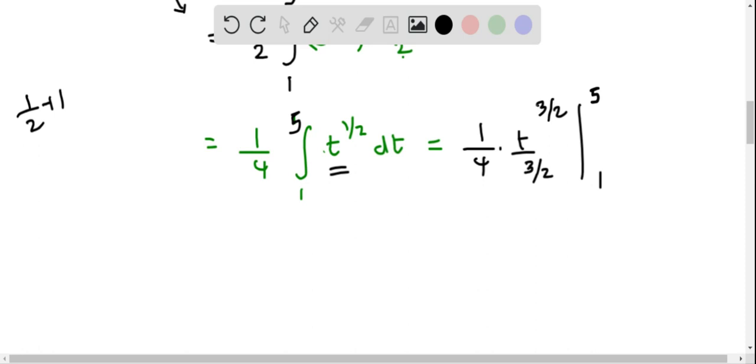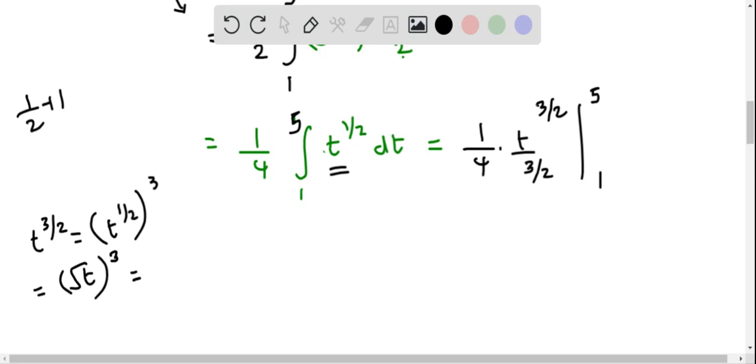Now let's find an easy way of substituting this. t power 3 by 2 is equivalent to t power 1 by 2, all to the power 3. And t power 1 by 2, we know, is root t. So we are basically finding the cube of root t. So this equals root t times root t times root t.